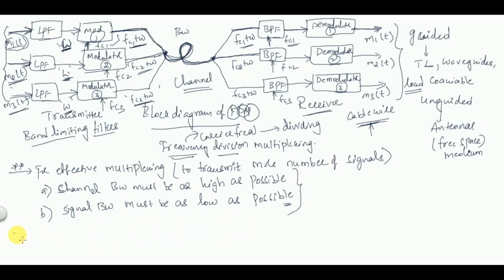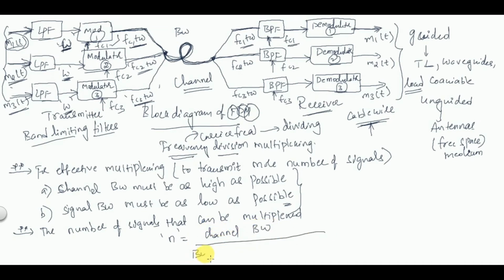This is a very important point: the number of signals that can be multiplexed, which I am taking as n, is given by the channel bandwidth divided by the bandwidth of all signals being multiplexed.